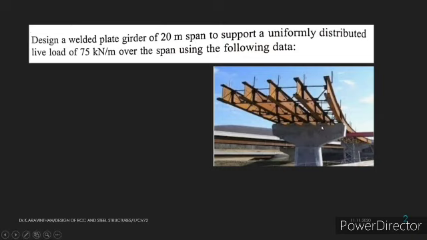Here majorly the connection between two members will be a simply supported or pinned support. So at each and every pier this will be a simply supported case as far as this example is concerned, and let us design this. So the overall dimension and the grade of the steel is being designed.